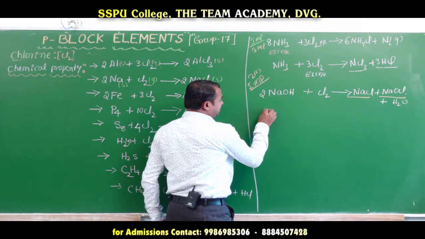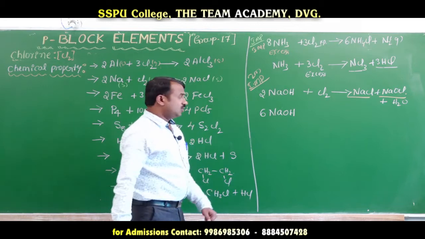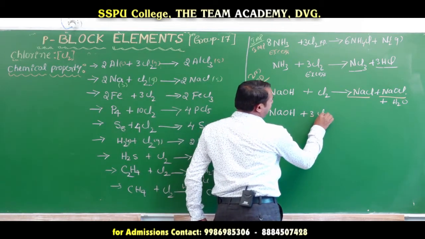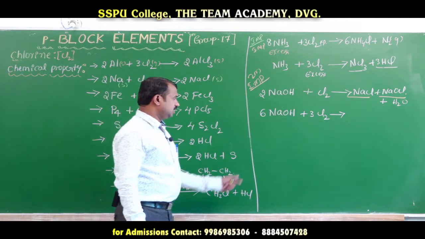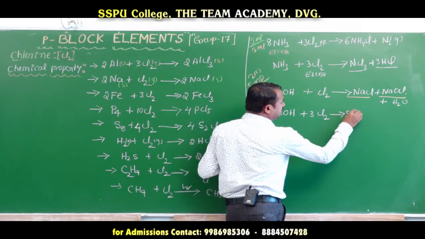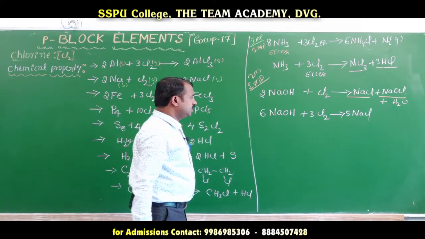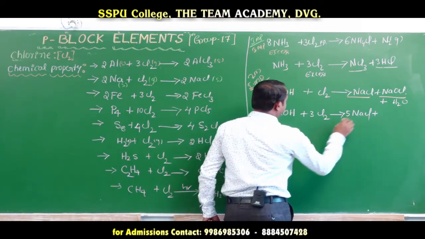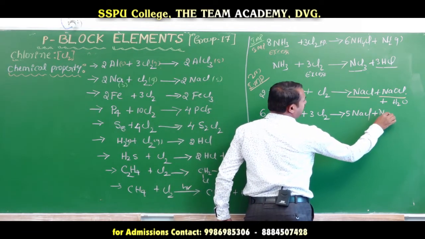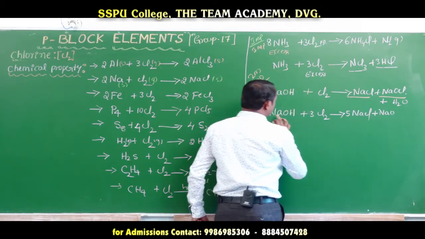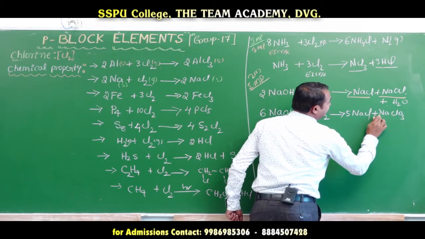Or we will take 6 molecules of sodium hydroxide, excess sodium hydroxide, reacting with 3 molecules of chlorine, to form 5 molecules of sodium chloride plus 1 molecule of sodium chlorate, NaClO3.